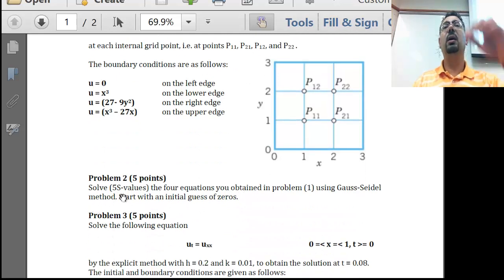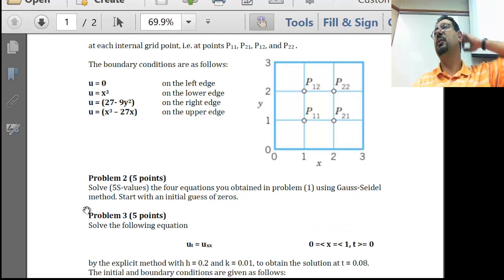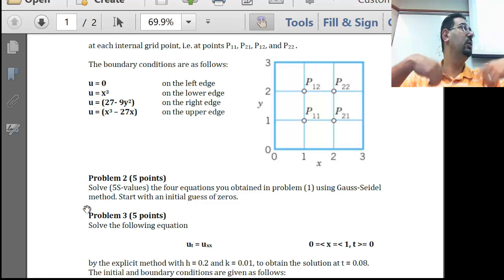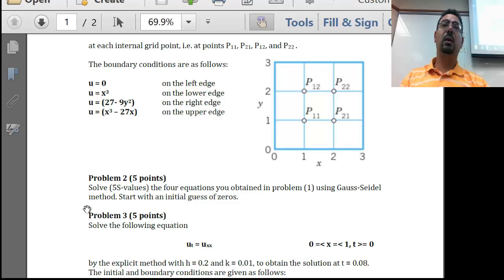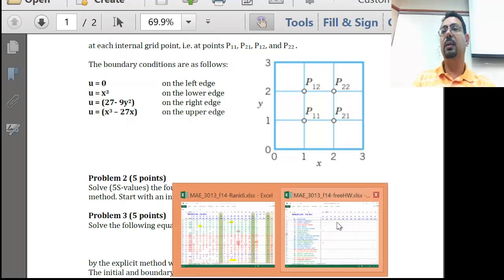And in the second problem, he said solve those 4 equations using Gauss-Seidel. Remember Gauss-Seidel, that's the iteration. And you have to do this with Excel, not by hand.